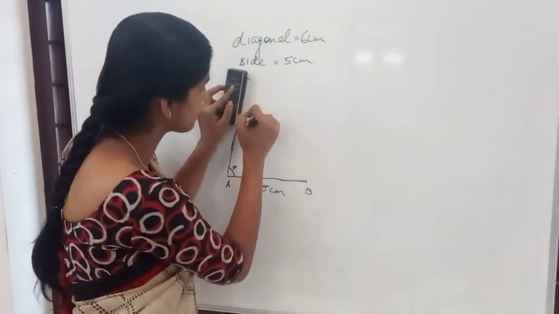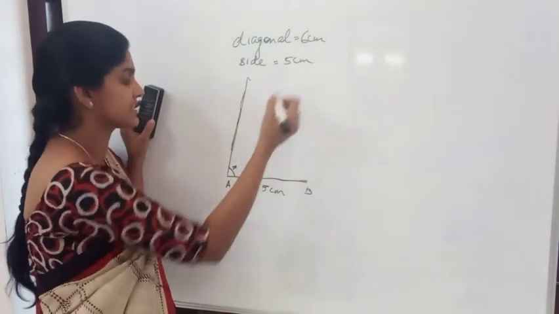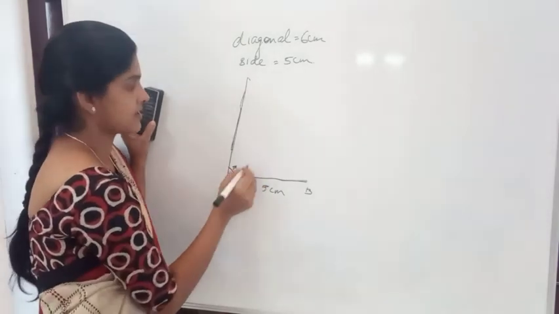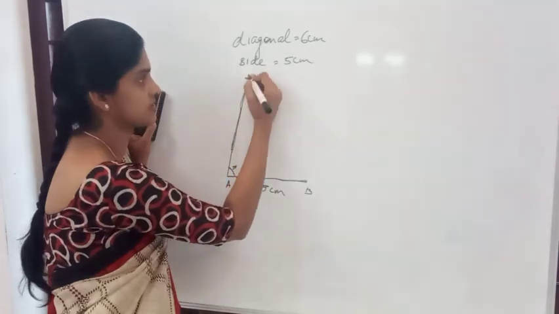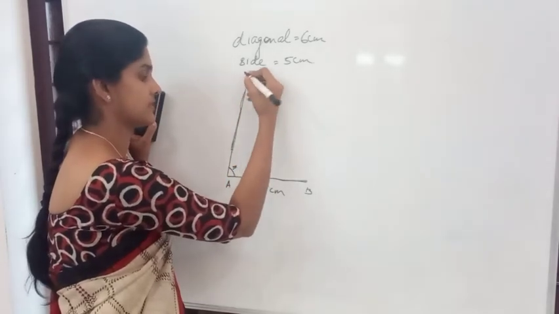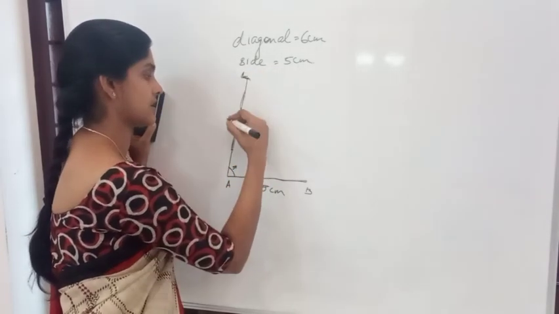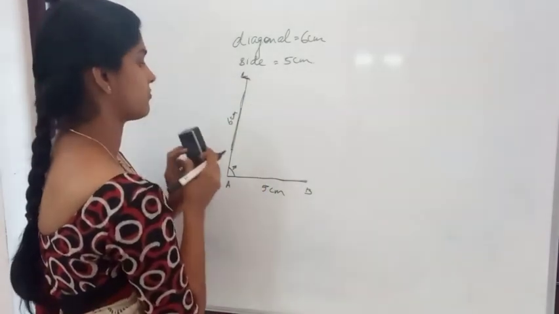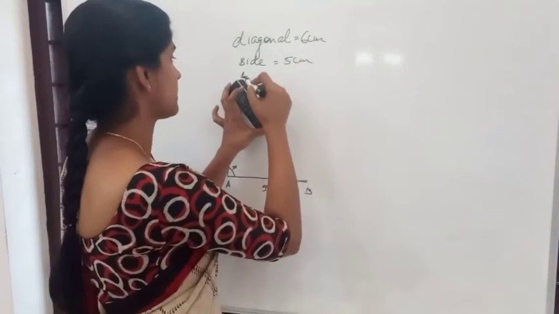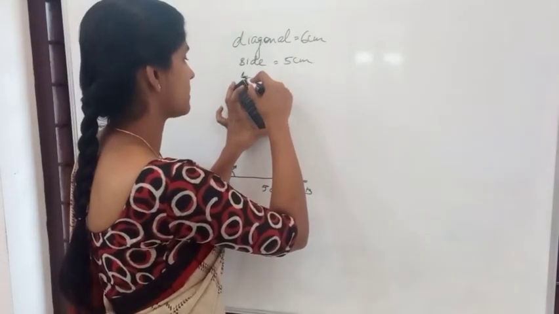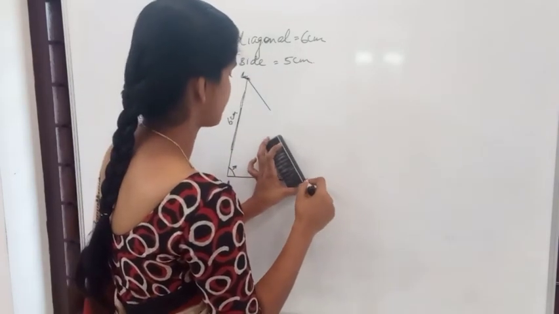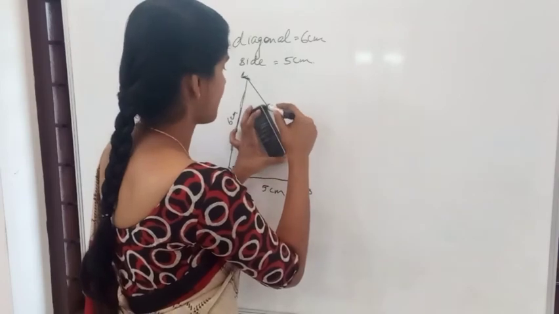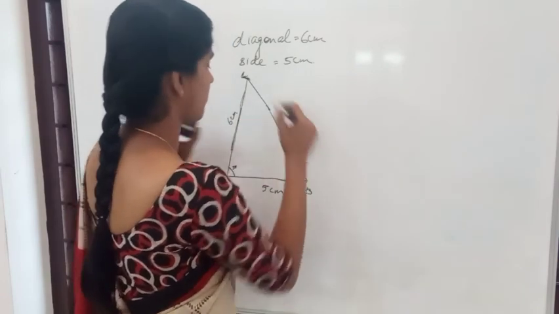The length of the diagonal is 6 centimeter. Let's suppose this is 6 centimeter. We shall mark this point C. Now join this point to this point.